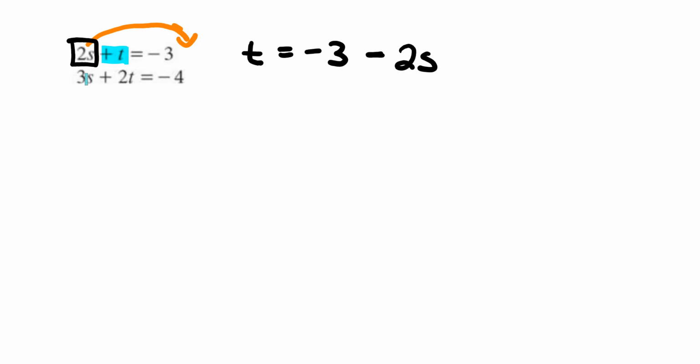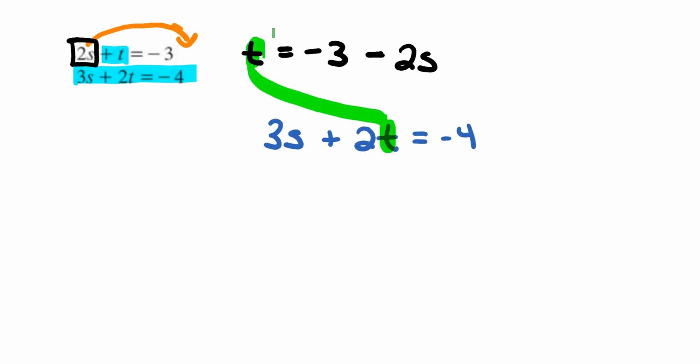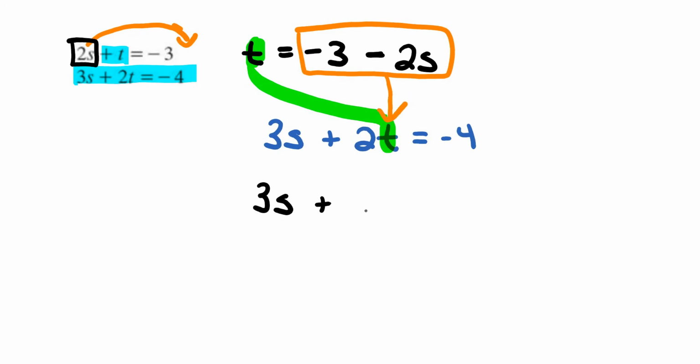And then on the second equation here, let me just rewrite this one just below here. I get 3s plus 2t equals negative 4. And this t right here is the same thing as that t. And what that means is I'm going to take this orange box here, and I'll replace that with this t right there. If I do that, I get 3s plus 2.